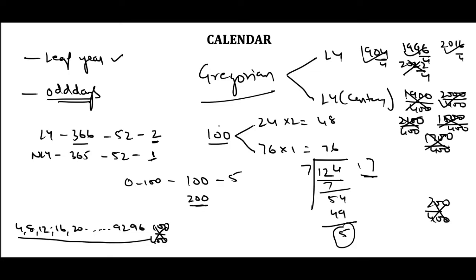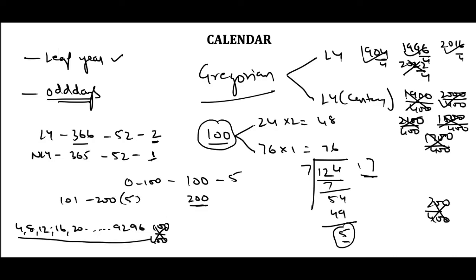It will go in the same trend as the first 100 years: from 101 to 200 we have 24 leap years and 76 non-leap years, which will give 124, and the final will be 5 odd days. So from 101 to 200 the total odd days are 5.